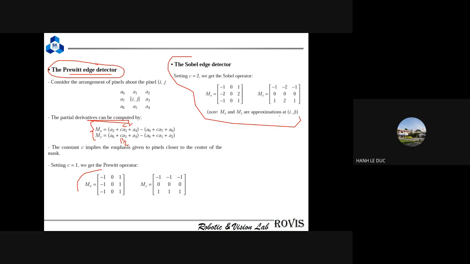Yeah, the Sobel edge detector. So that means the Sobel mask and the Prewitt mask are obtained by this equation. Okay. So now you already know what the Sobel mask is and why the numbers here are minus 1, minus 2, and minus 1. So this is the reason.